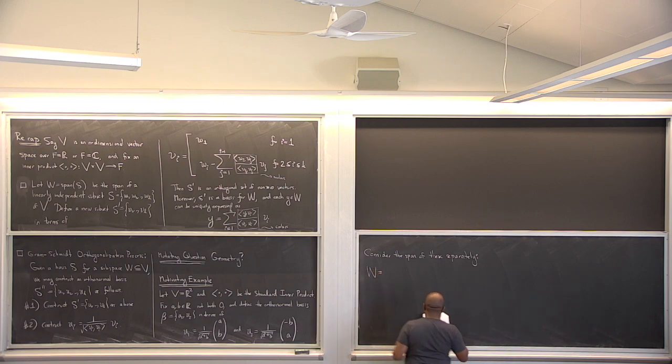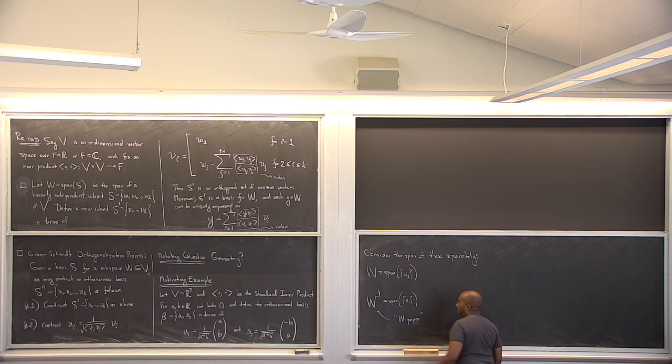So W, I will let this be the span of u_2, and W with this weird looking symbol here, I'll let this be the span of u_1. So this here, I will call W perp. I'll explain in just a minute why I'm calling this W perp.